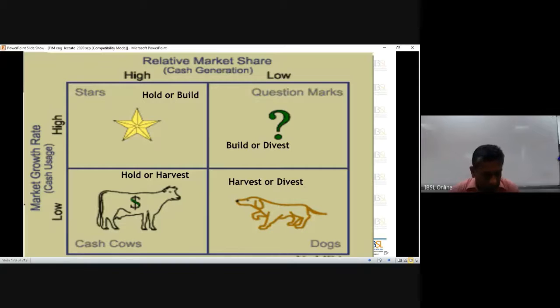Now, star products are products which can go on to earn more profits in the future. The other products, with high market share but relatively less growth, we put under cash cow, the products which give you more revenue.